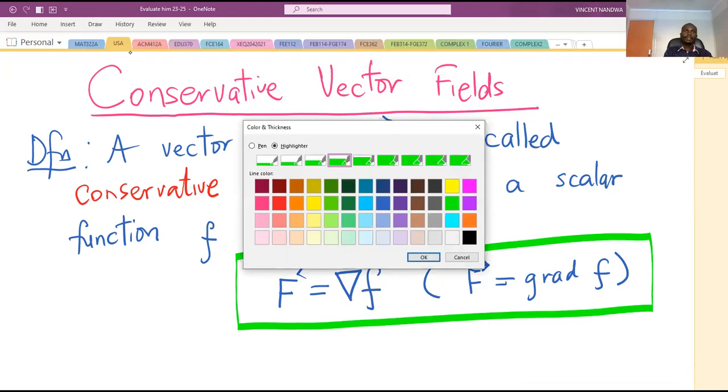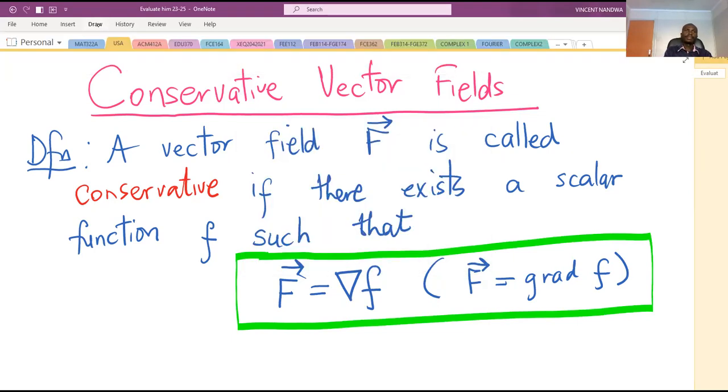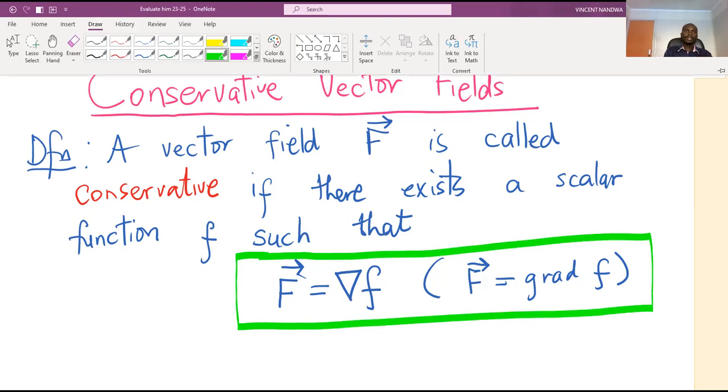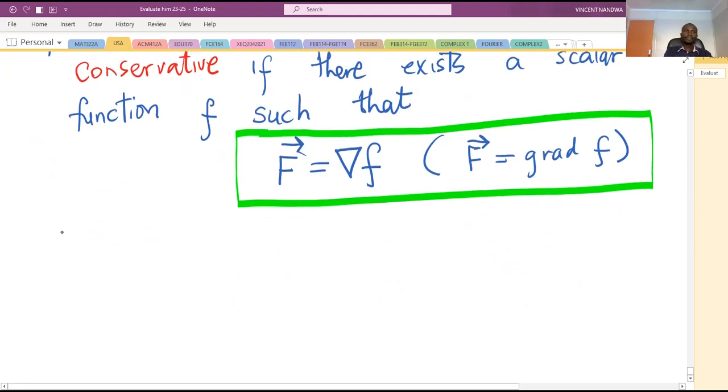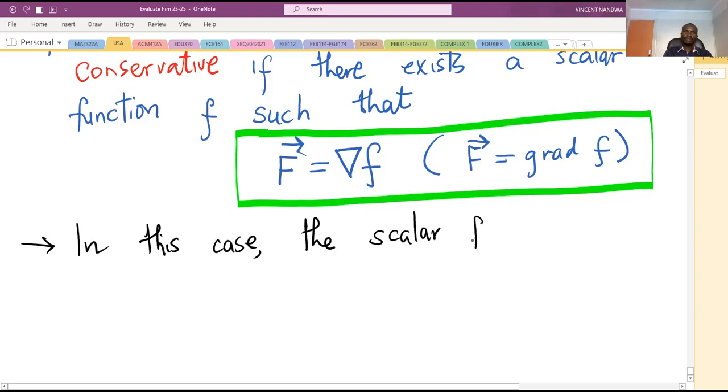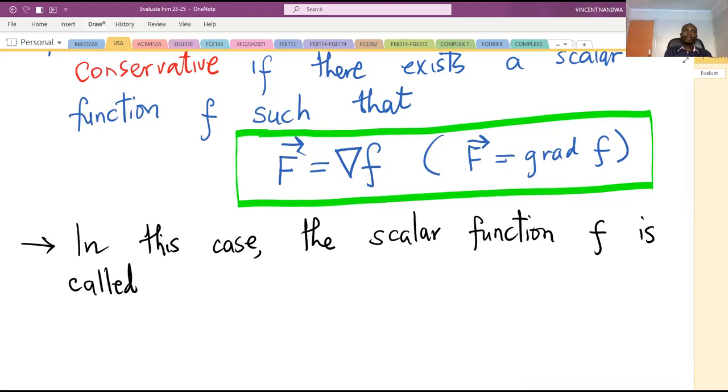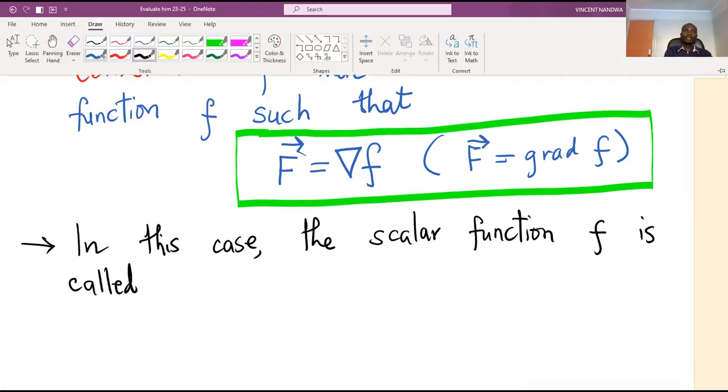And then in this case, the scalar function f is called the potential of the vector field F.